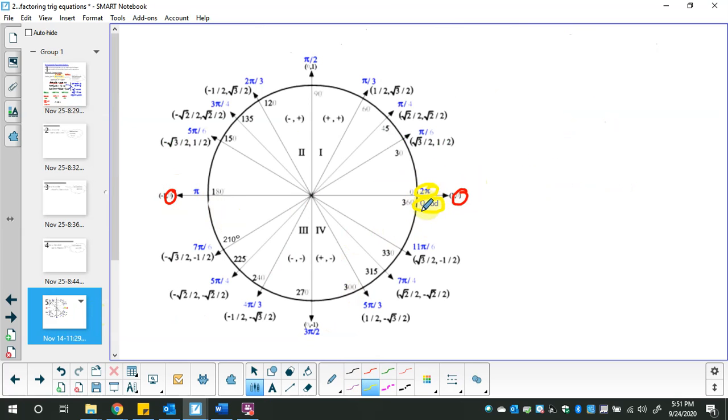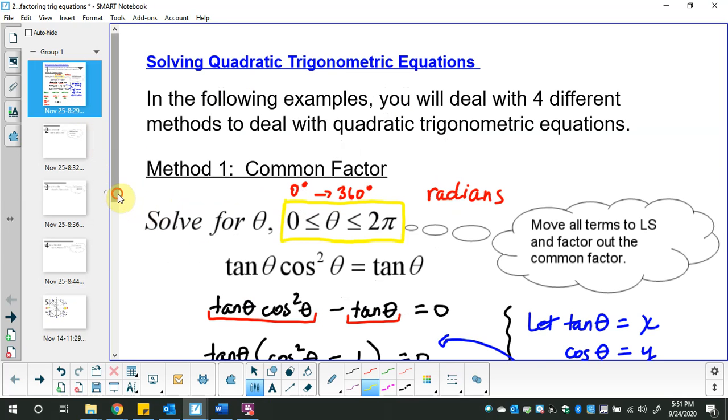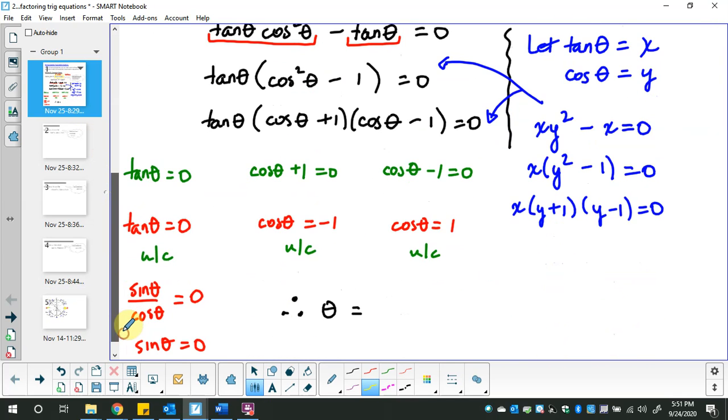That one's doubling up, which is why it was so important to have that on your resource sheet. And pi. So I'm going to list all three of those beside my therefore statement in whatever order I feel like doing. What is very important is that you specify that it's in radians. So I've got pi radians, 2 pi radians, and 0 radians.